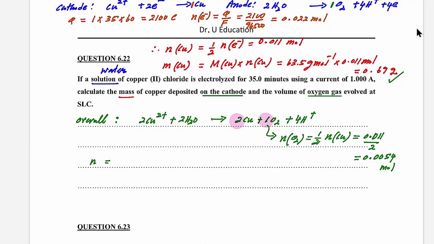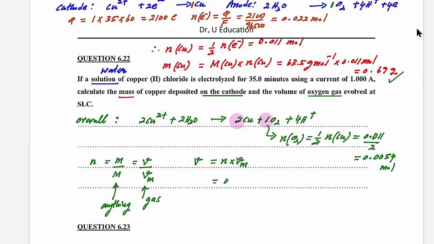So n is equal to m divided by capital M, or V divided by Vm. That is the concept. This we mainly use for gas. This we can use for anything. So we find V now, which is going to be n times Vm. Cross multiply.